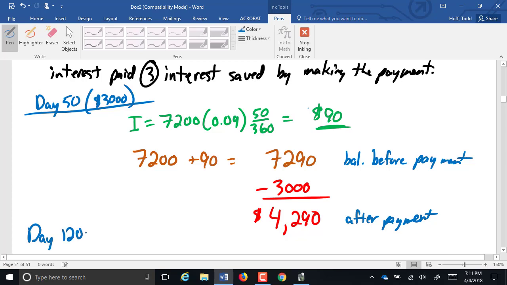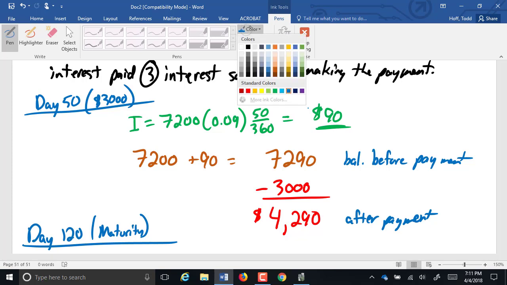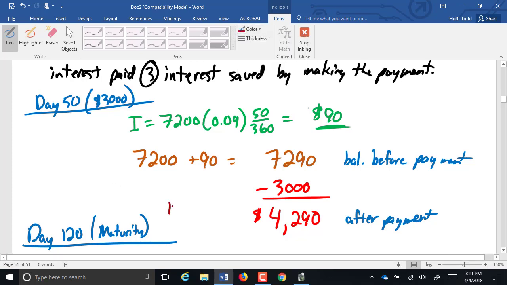Now there's no other payment, so we go to day 120. That's maturity. We have already used 50 days, so 120 minus 50 is 70 days.